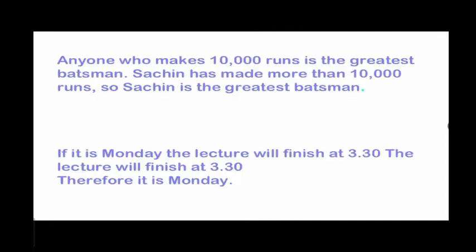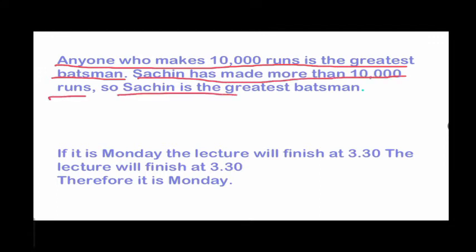Here are two examples, and one of them is a good argument and the other one is a bad argument. Let's see if you can figure out which one is good and which one is bad. Argument 1 says: anyone who makes 10,000 runs is the greatest batsman. Sachin has made more than 10,000 runs, so Sachin is the greatest batsman. The first part of the sentence, let's call it P1.